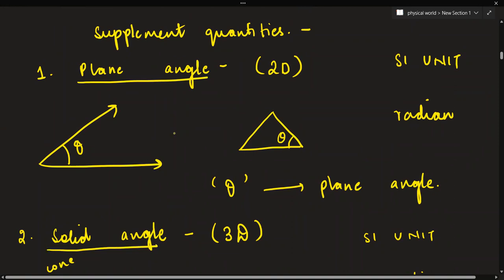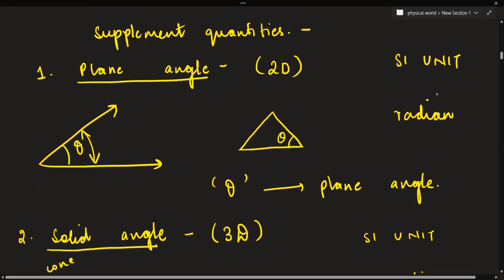So plane angle means what? Plane angle means the angle in 2 dimensions. If you draw 2 lines like this, and this is theta, then whatever is formed, I call this a plane angle. And the SI unit is radian.